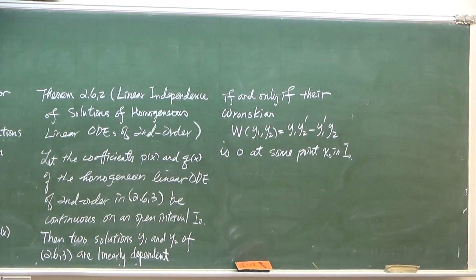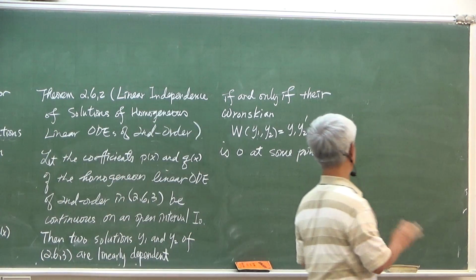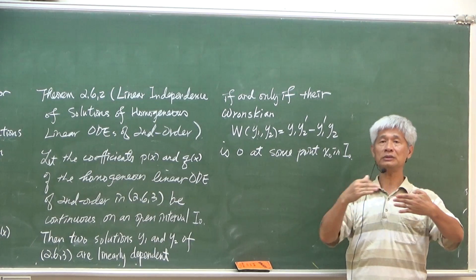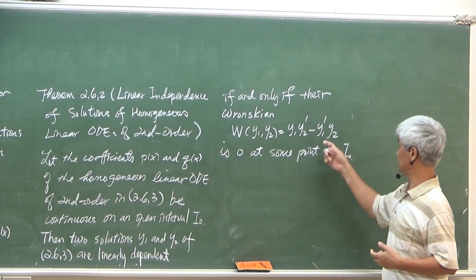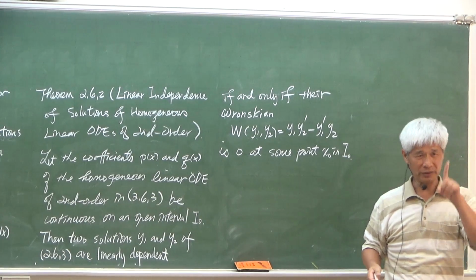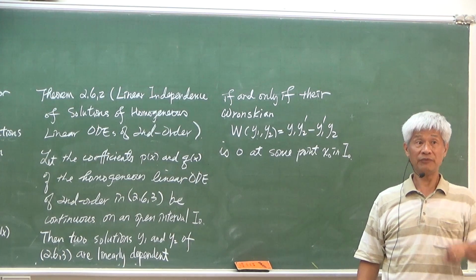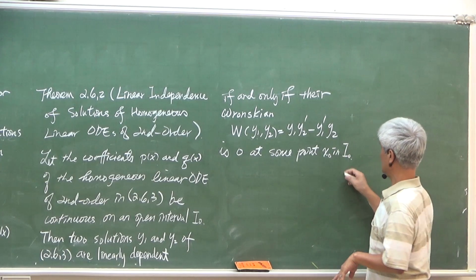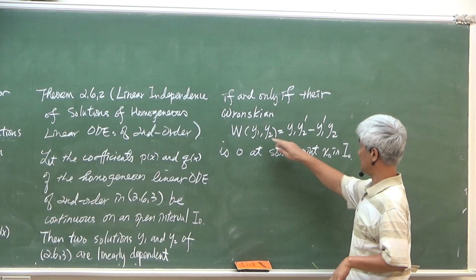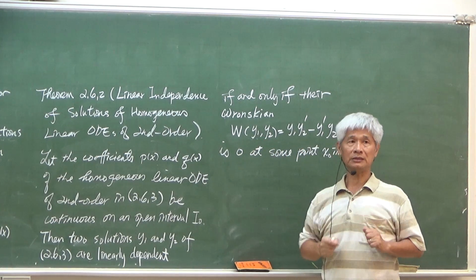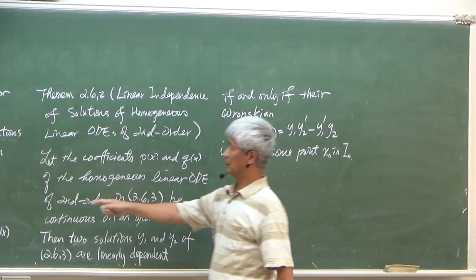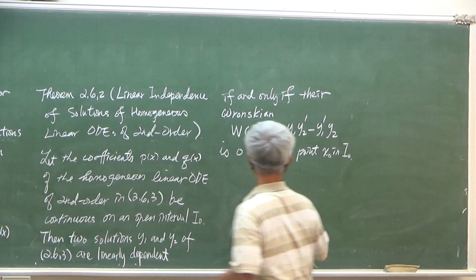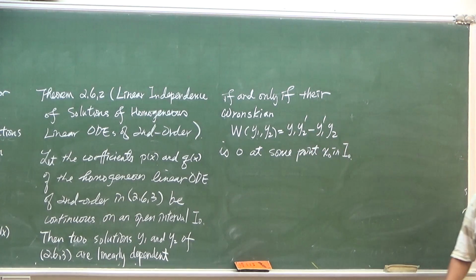But for the sufficient condition, we don't need to check that the Wronskian is identical to the 0 function. You just need to check only one point. If you see in this open interval that there is a point x0 such that the Wronskian is 0, remember, the Wronskian is a function of x. So you just need to check only one point.